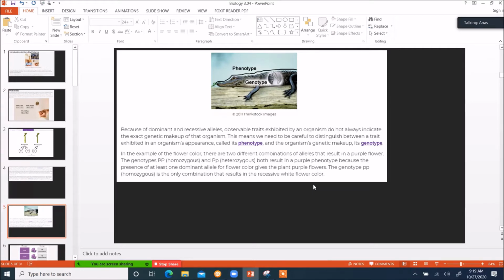The dominant one is a capital letter, and the recessive one would be a lowercase letter. Dominant is usually a capital letter, recessive a lowercase letter. What else? Dominant is the trait that overpowers, or the trait that shows, and the recessive trait is the one that's there, but it doesn't show.